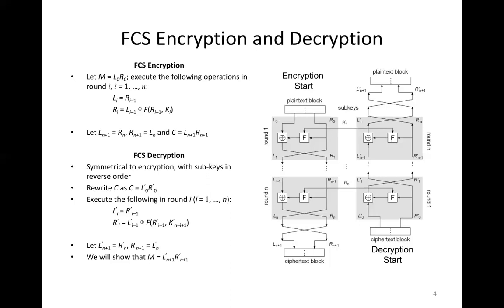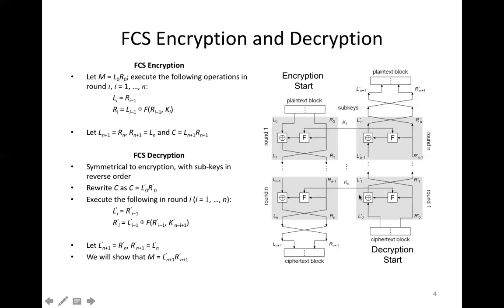First, we write the left half as L0 prime and the right half as R0 prime. Then you apply the same algorithm, but you apply the keys in the reverse order.